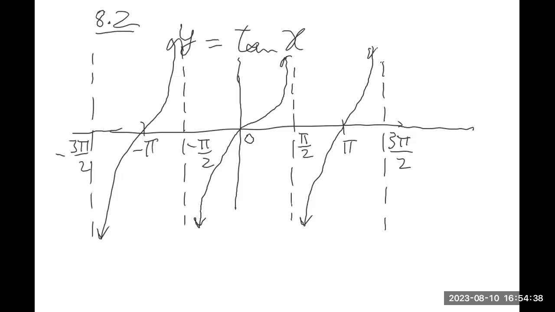Couple of things to note. The general form of the basic tangent function is a tan bx. So there can be two constants in the function. The constant a in front of the tan function, its absolute value is called the stretching factor.